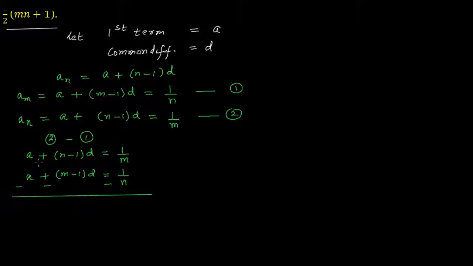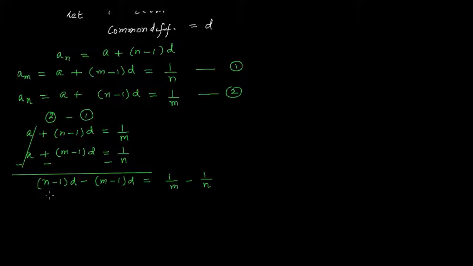By this, we can cancel out a. So, once a gets cancelled out, we are left with n minus 1 times d minus m minus 1 times d equal to 1 on m minus 1 on n. Now, let's simplify this to find out the common difference d. We get nd minus d minus md plus d equal to, let's take out the common denominator mn, n minus m.